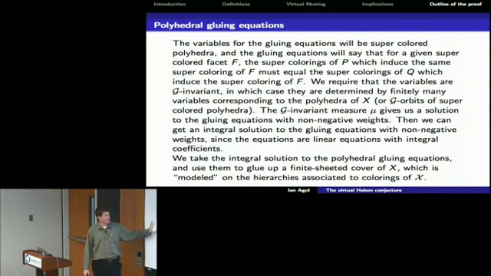But it's some linear equations with positive coefficients. So we can take an approximation by a rational solution, and then take non-negative weights, and then clear denominators and get an integral solution. And that gives us some number of copies of the supercolored polyhedra that satisfy the gluing equations.